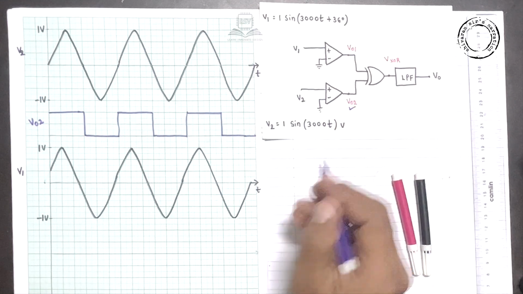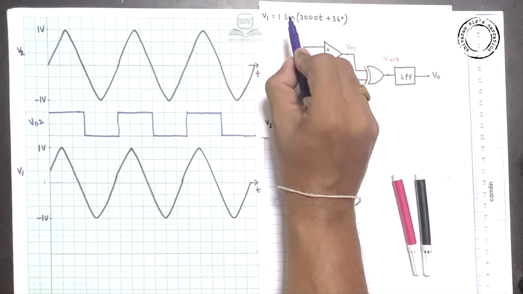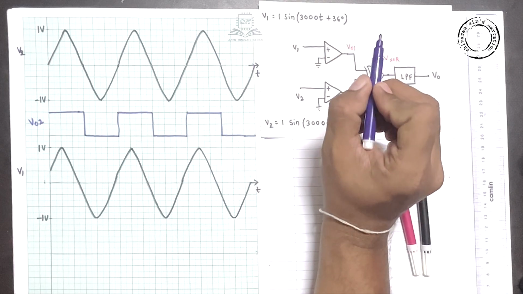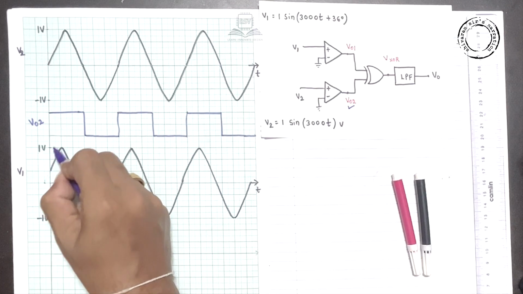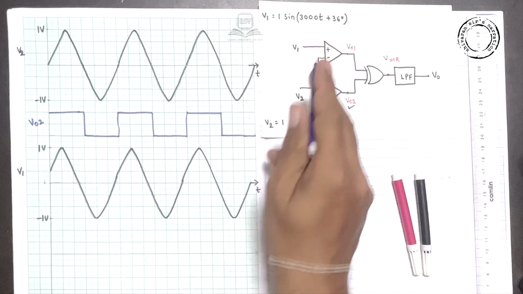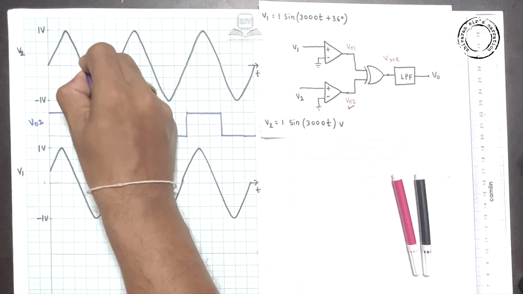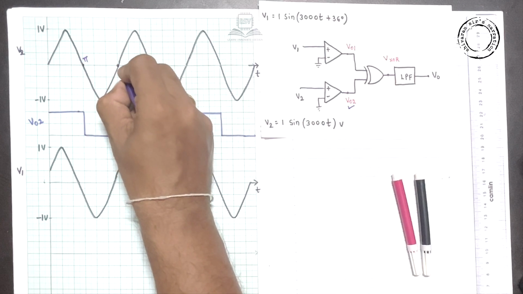Now guys, we are taking VO1. For VO1 the input is V1, which is 1 sin(3000t + 36 degrees). So here there is a phase shift. This is 1 volt peak amplitude, the same 3000t but with 36 degrees. You know very well, let's say this is pi and this is 2 pi.